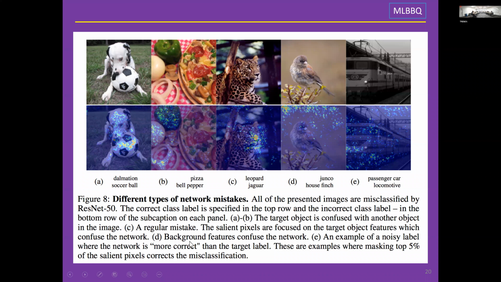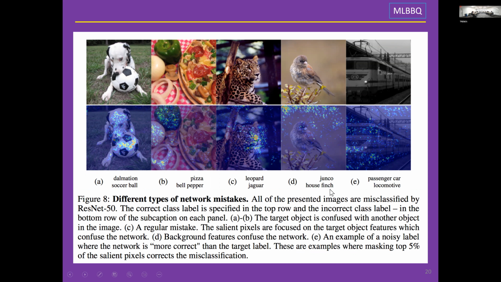And for D, background features confuse the network. I did not understand how background features actually confuse the network. It's like everything is background. Maybe texture. I think that's kind of why attention is so useful. It basically trains the network to only focus on salient stuff.